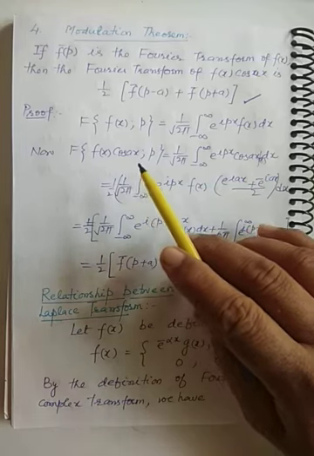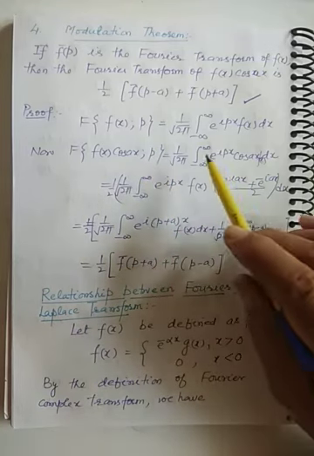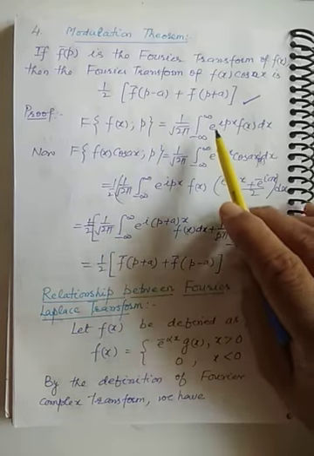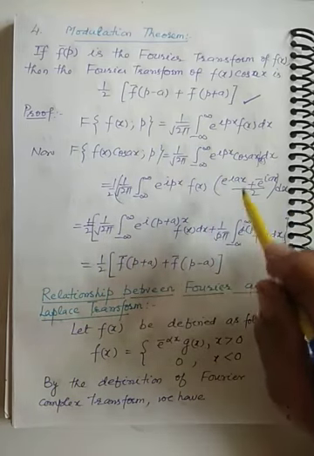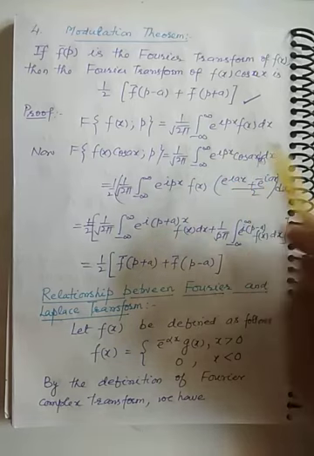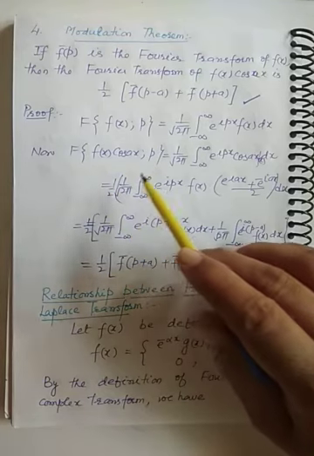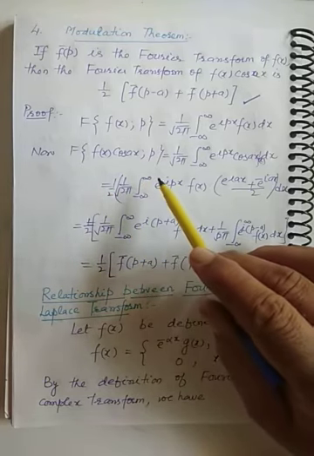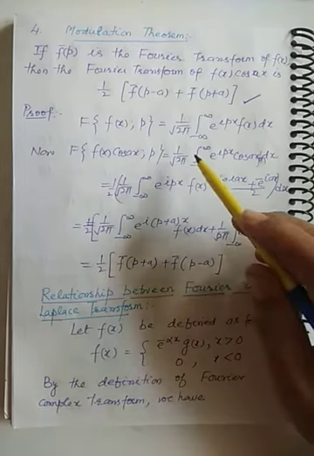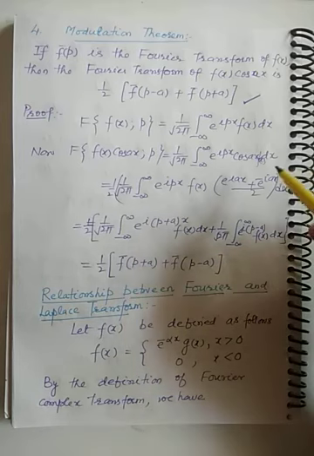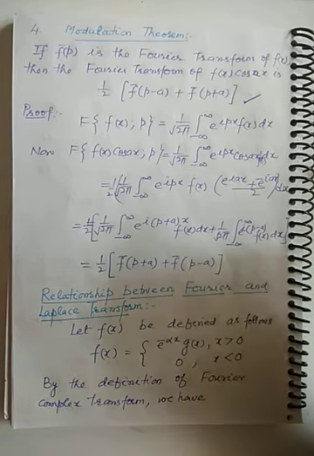Fourier transform of f(x) with parameter p is defined as 1 upon under root 2 pi, integral from minus infinity to infinity, e raised to power iota px f(x) dx. Now, Fourier transform of f(x) cos ax will be equal to 1 upon under root 2 pi, integral from minus infinity to infinity, e raised to power iota px cos ax f(x) dx.